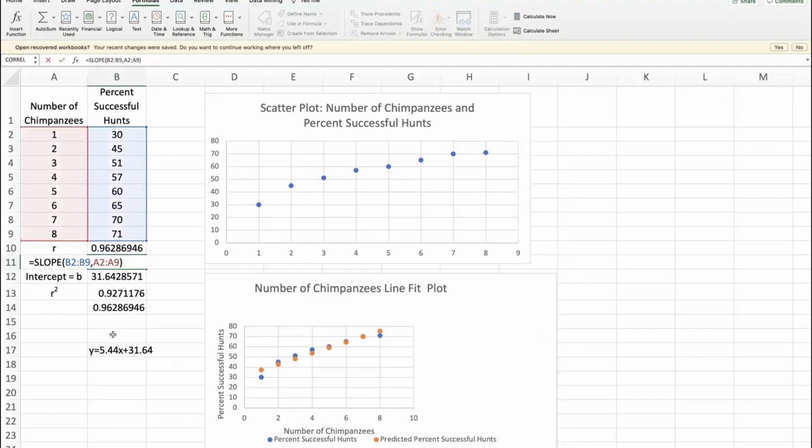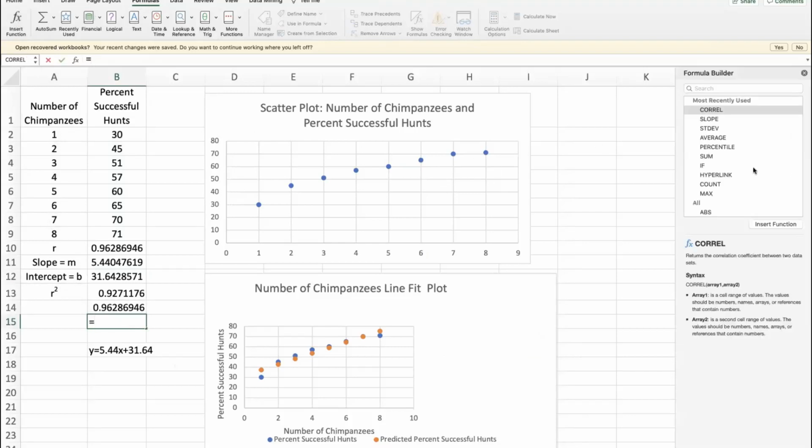Put the equal, go to formulas, then insert function, and then you will see slope. Since I used this in the other class, that's why it's here, but you can go here, alphabetically arrange, and click slope.